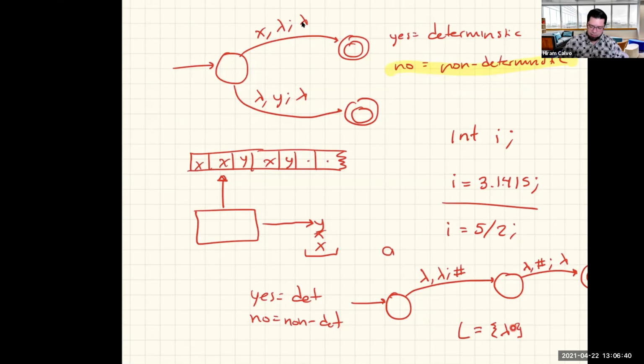So the only possibility is just to accept lambda. And as there are no other options here, the only option is to follow this one, and then here the same, just read based on what is on the top of the stack, and finally get here. Yeah? Okay, very good.